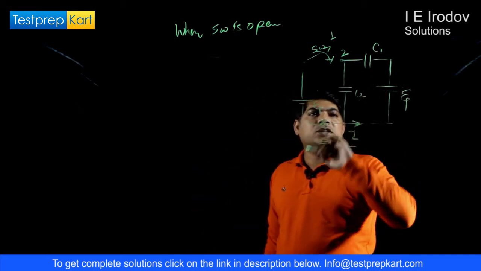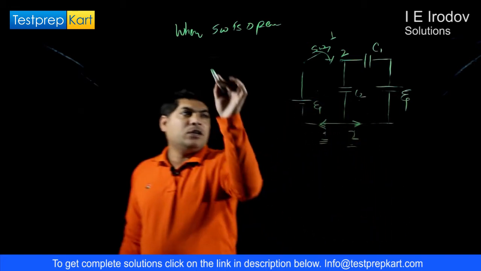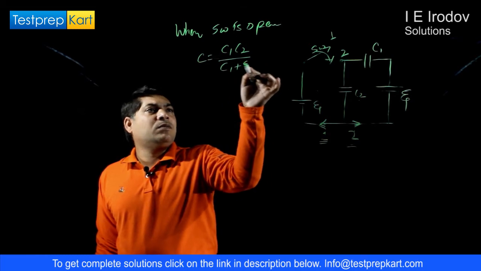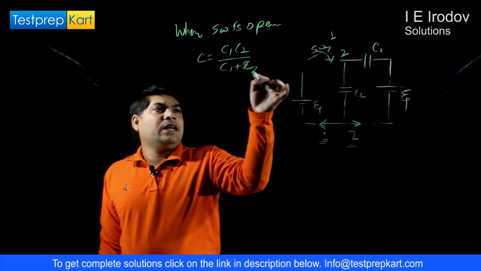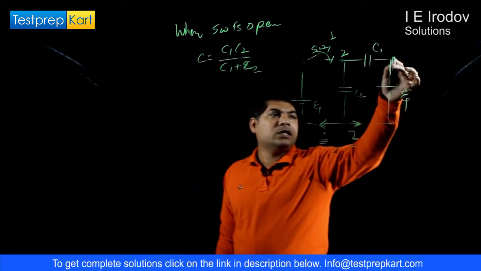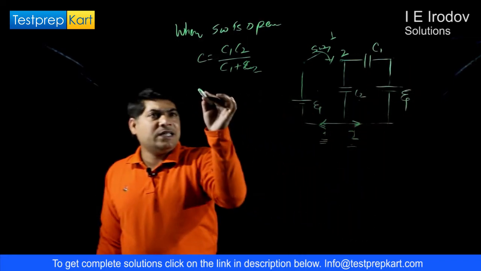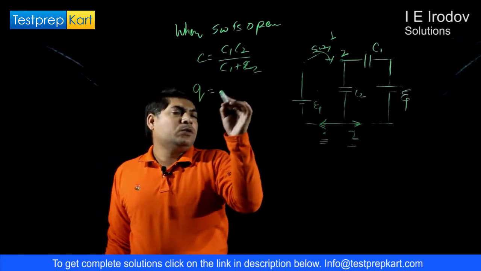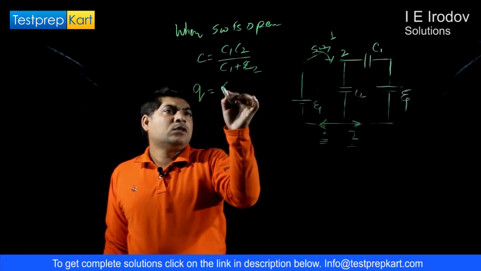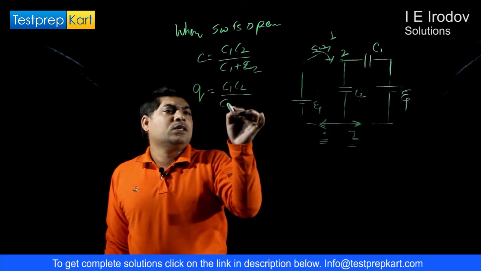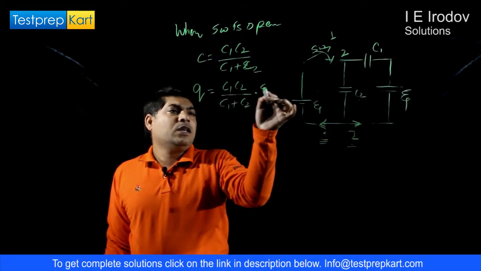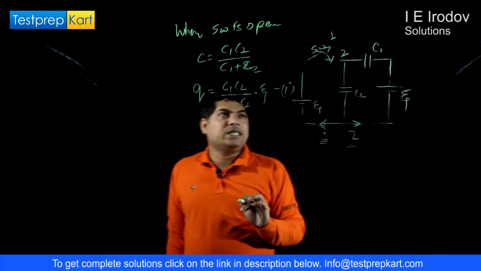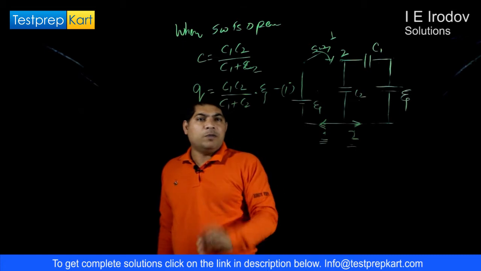So C1 and C2 are in series, so the net capacitance would be C1 C2 over C1 plus C2, and it is subjected to a voltage which is E. So the net charge stored in this circuit, Q, is equal to C1 C2 over C1 plus C2 into EMF. This is the total charge stored within the capacitors when this switch is open.